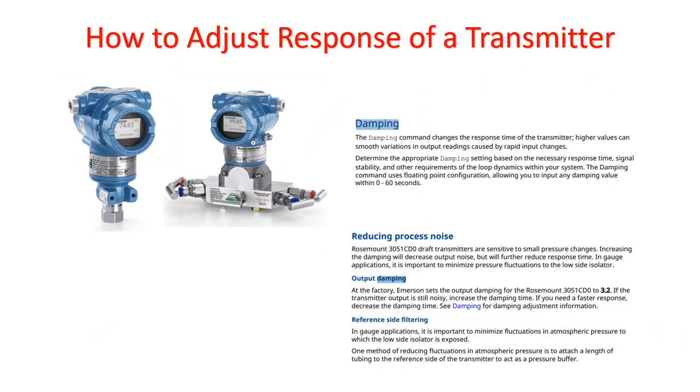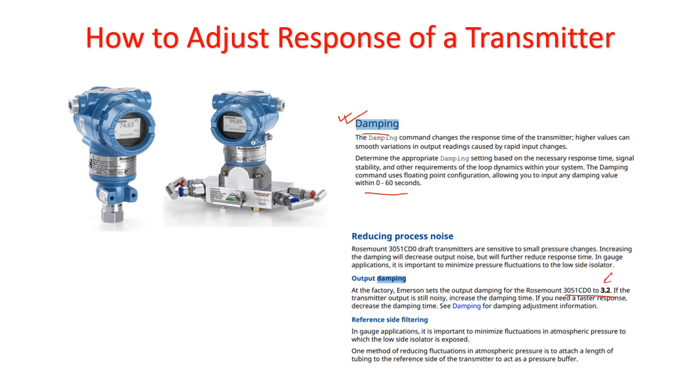So if you see, this is an example, a Rosemount 3051 transmitter, and if you go into the manual, there is one particular coefficient called damping, and this damping parameter can be changed through a HART communicator or through other configurators, right? This damping parameter can be set within a range of 0 to 60 seconds. In the factory, Emerson sets the damping of the Rosemount 3051 CD at 3.2.